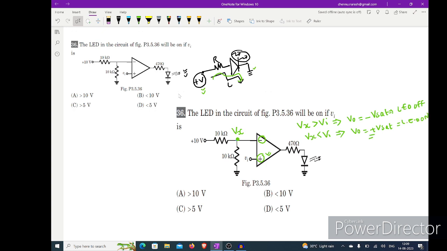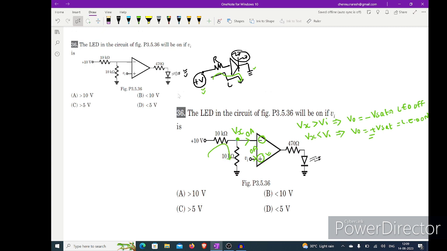So in this case we want when Vx is less than Vi, we have to find this voltage. So see here, the current entering into the op-amp terminals is always 0 amps. So here normal KVL or a voltage divider we can apply.